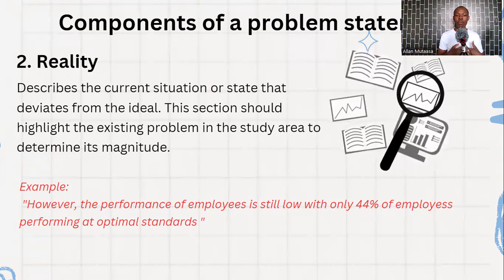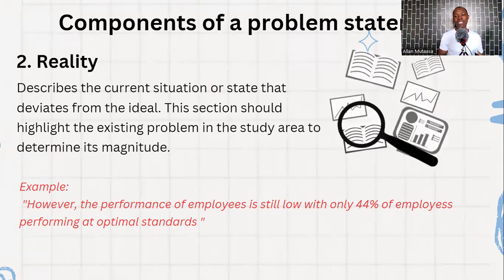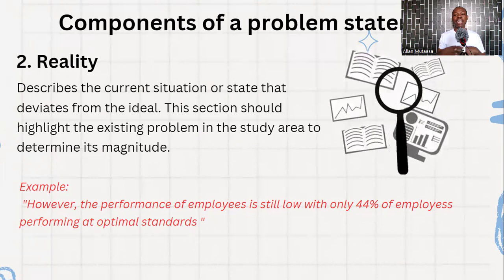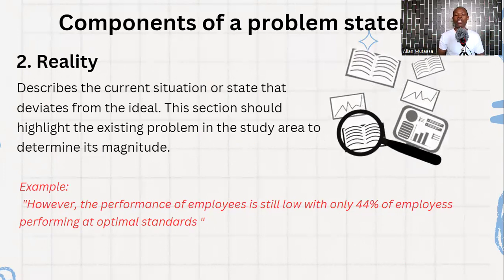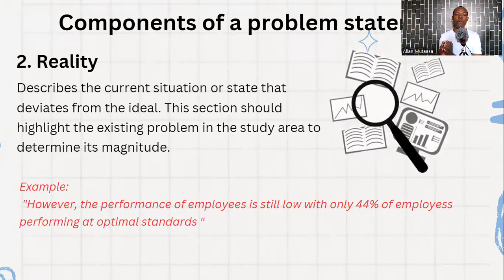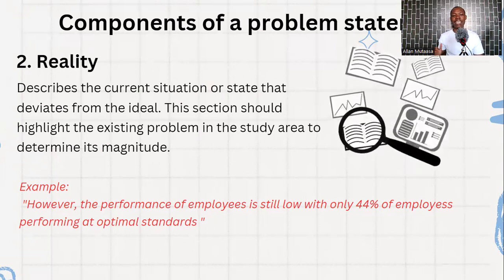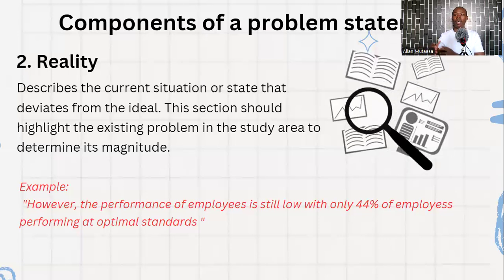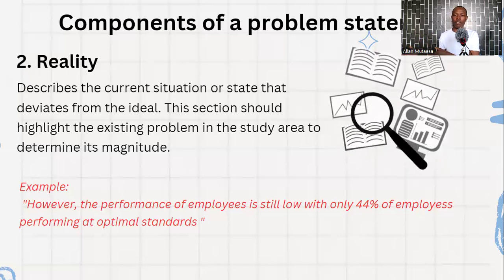So if that is the topic that we are going with, what is our reality? What is the performance of these employees in other entities? Okay, so if we have said that the impact of employee motivation on performance in public entities in Uganda, and then we say a case of Ministry of Environment.